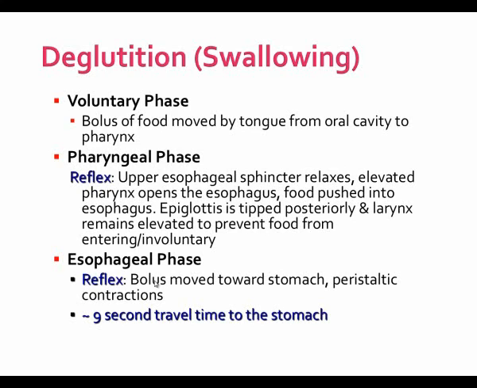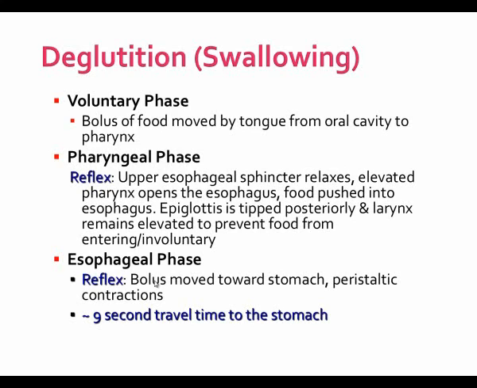So think about your esophagus. Think about your small and large intestinal tract. They're kind of like Mr. Freezy Pops. And in order to get that bolus there, we have to squeeze or contract different little sections of that esophagus at a time, so this bolus can move from one section to another. And that's basically what peristalsis is. So in the esophageal phase, the bolus is moving via peristalsis towards the stomach.